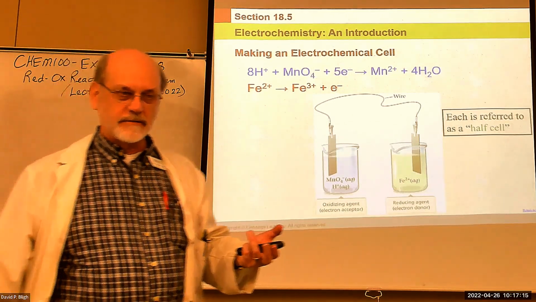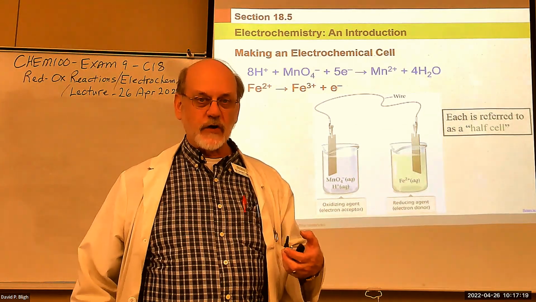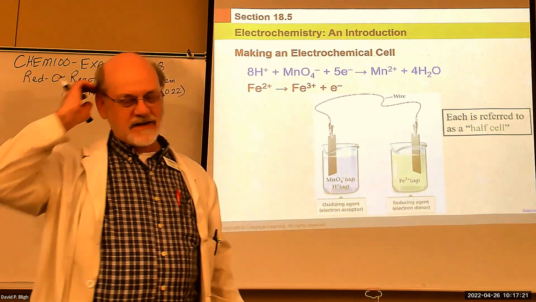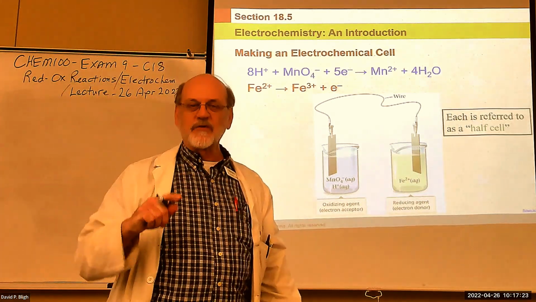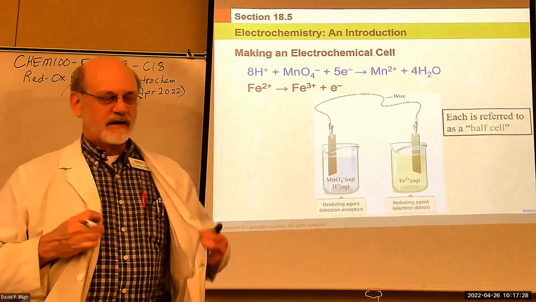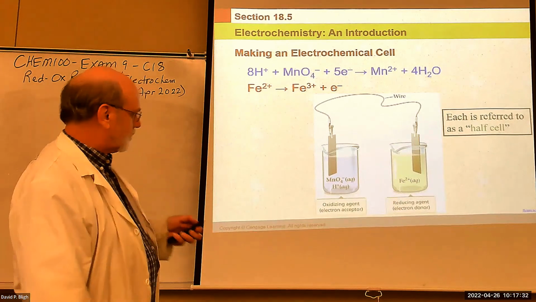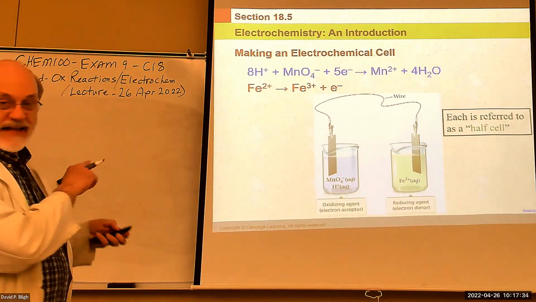There's just one problem. You can't move electrons in a broken circuit. You have to have a complete circuit before electrons will move. That's just a physical law that every electrician knows. So this is incomplete.